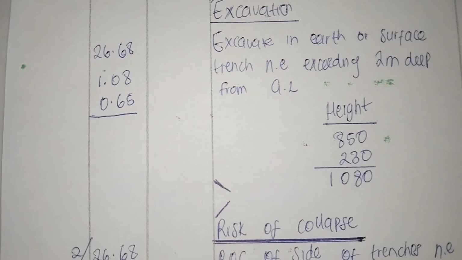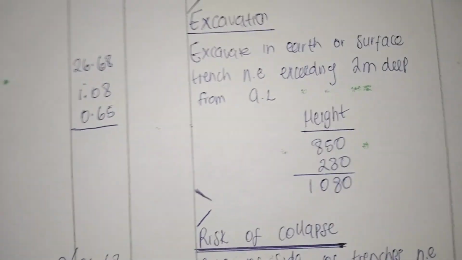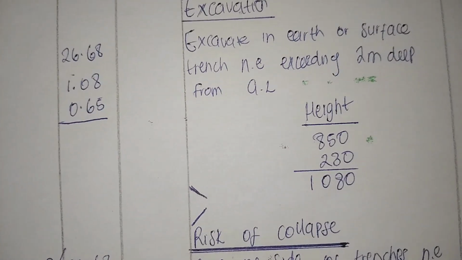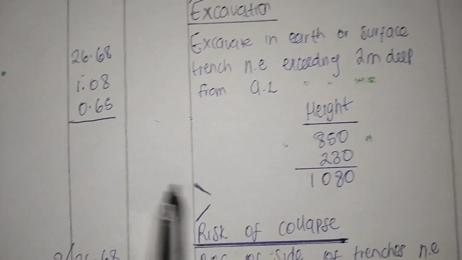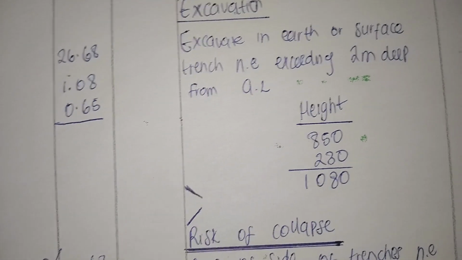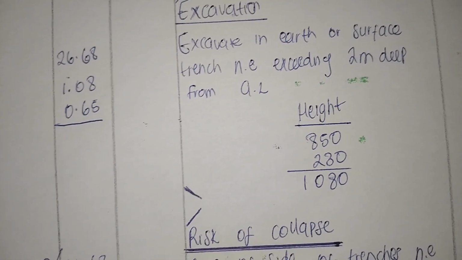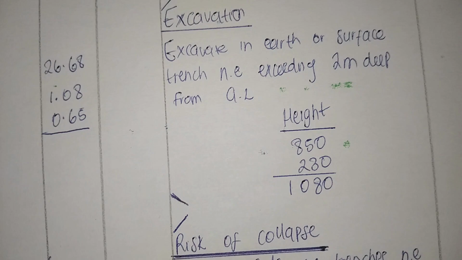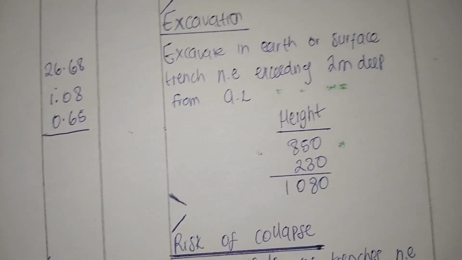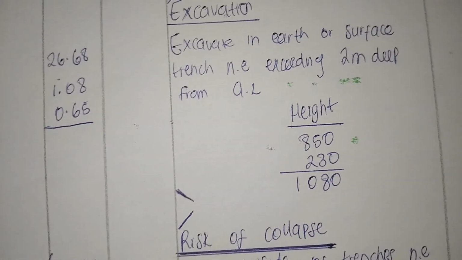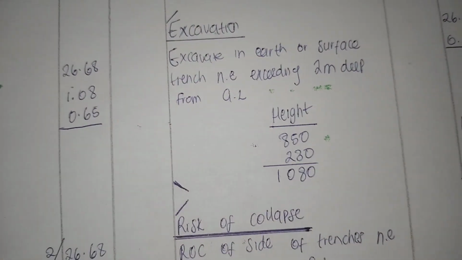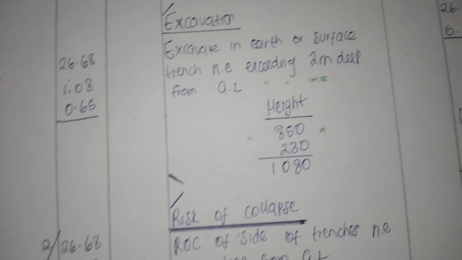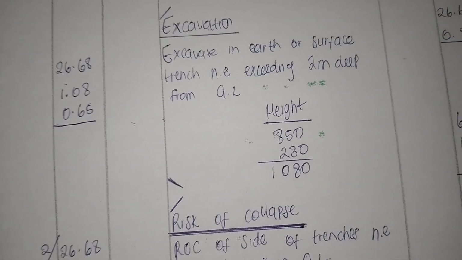For you to write everything in this dimension column, you have to divide it by 1,000, which gives us 1.08, and then we also write 0.65, which is the length that was given in the specification, right, which was 650.